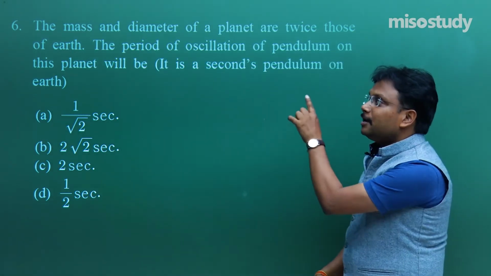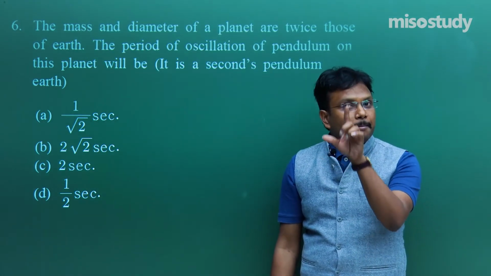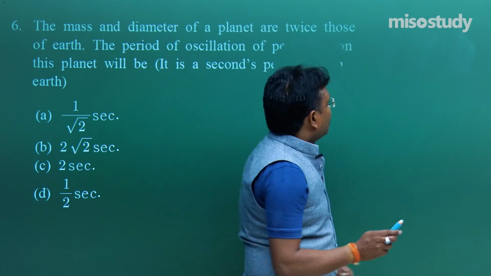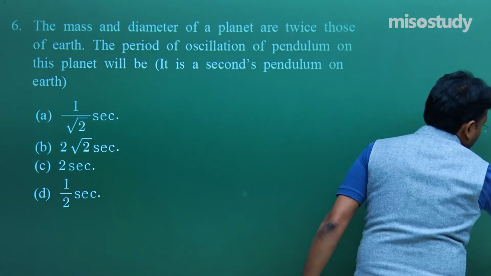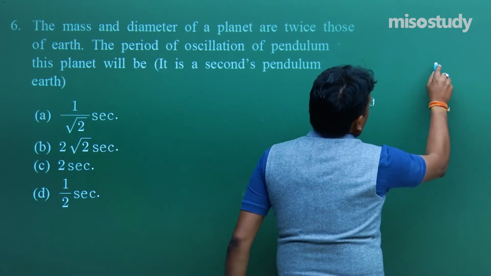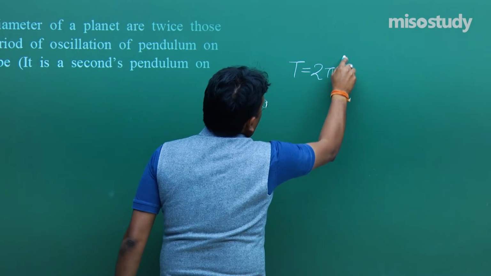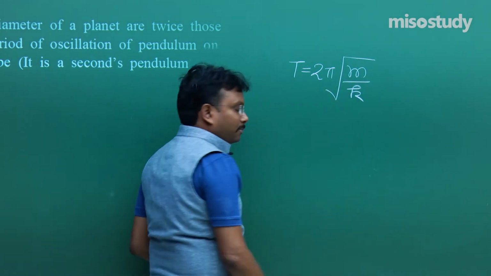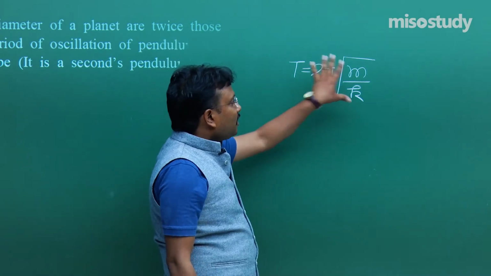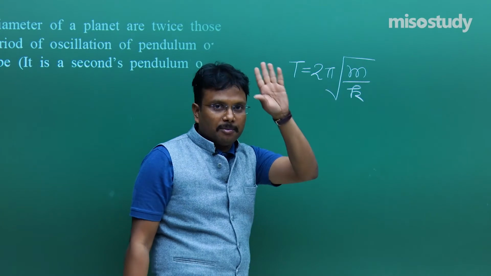But if it is a mass spring system, then the formula used is T is equal to 2 pi under root m upon k. Use this mass spring system on the surface of the Earth, same result.